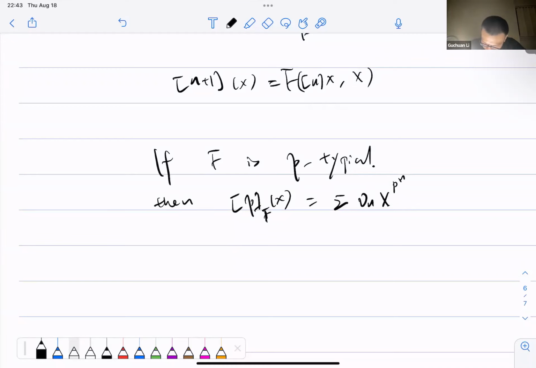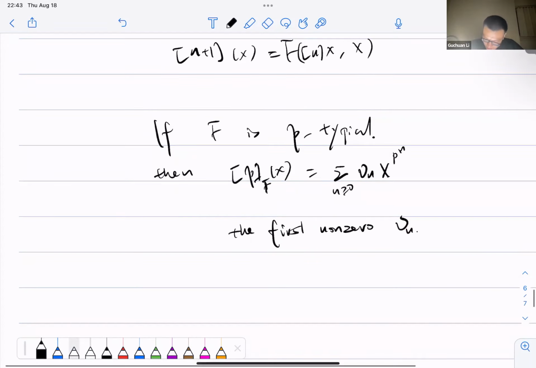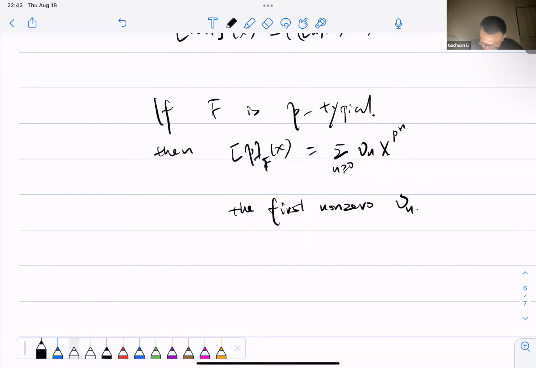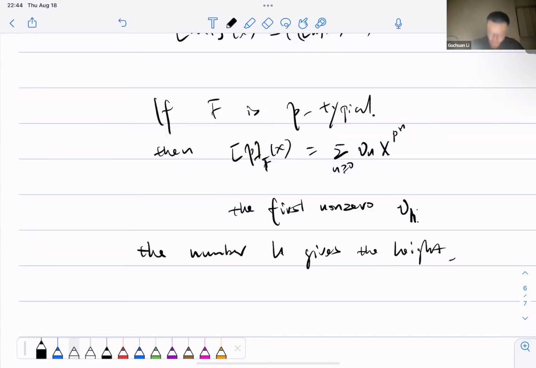And the first non-zero Vn, let's say this appears at some Vh. That means all the previous ones, Vh minus 1 and below, are all 0. So the number h gives the height.